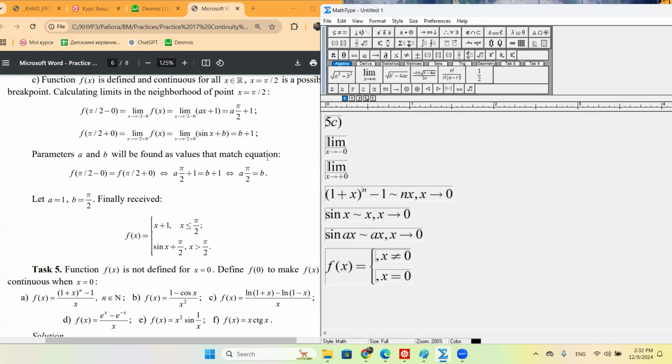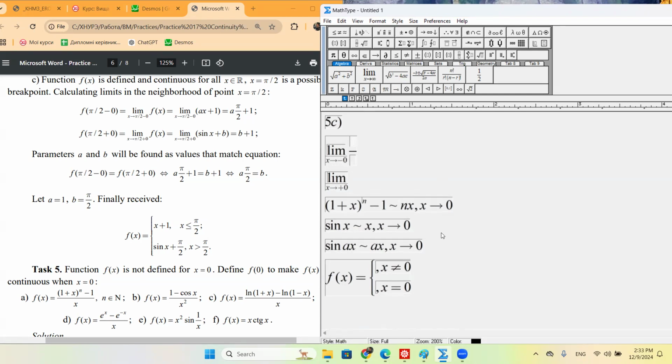So which function do we have? This one: natural logarithm of 1 plus x minus natural logarithm of 1 minus x. And also we will use equivalences.